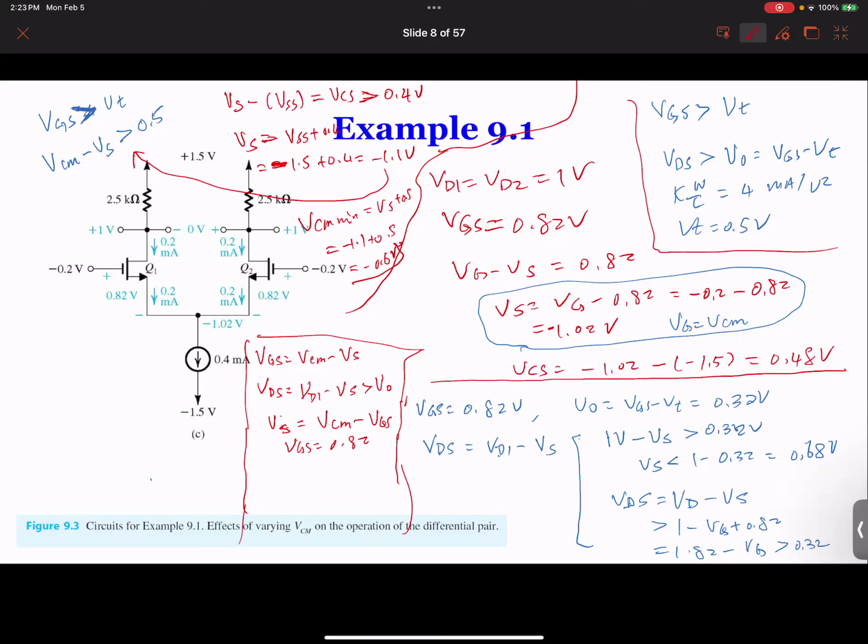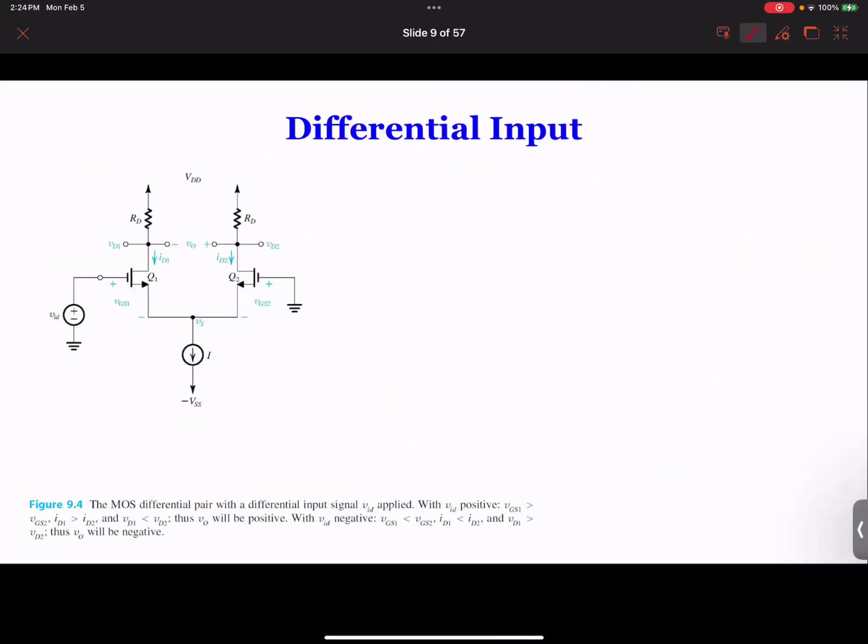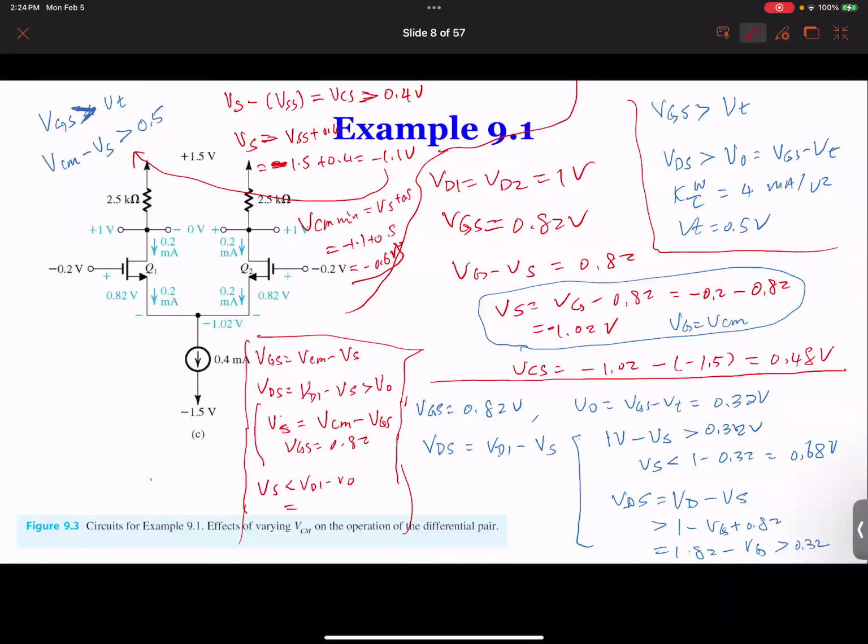So now we got it correct. So from this equation here, we have Vs has to be less than VD1 minus VO, and VD1 is 1, minus VO, which is 0.32.